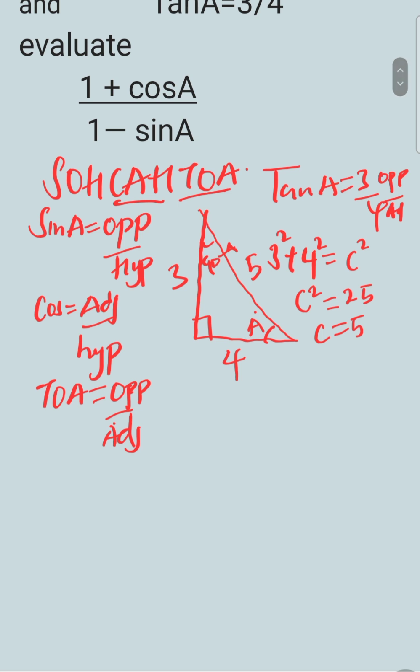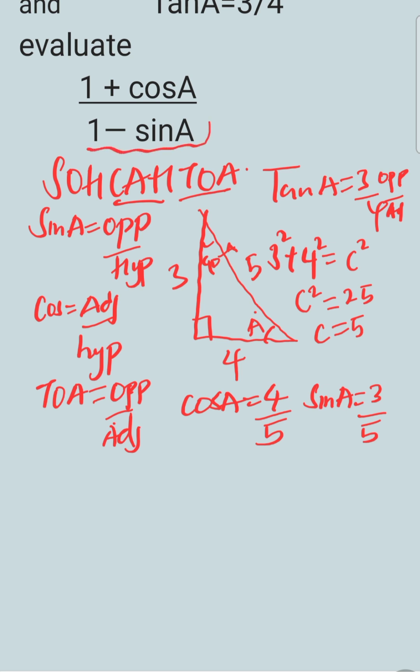To find cos A, it is adjacent over hypotenuse, so adjacent is 4 over hypotenuse 5, while sine A is opposite, which is 3, over hypotenuse, which is 5. So let's insert the cos A and sin A into our question. We have 1 plus cos A, which is 4/5, divided by 1 minus 3/5.